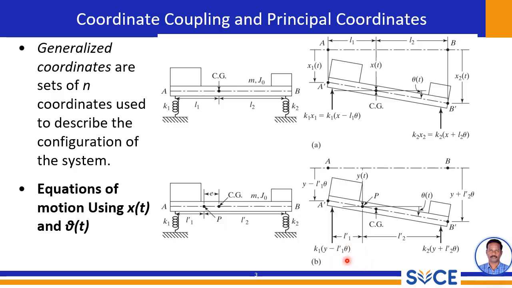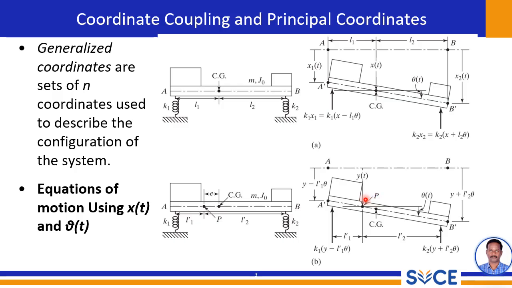The force exerted by the springs is the stiffness multiplied with the displacement term. So here it is: stiffness K into (y minus L1 theta). These forces will cause the beam to move vertically at point P and also to rotate.